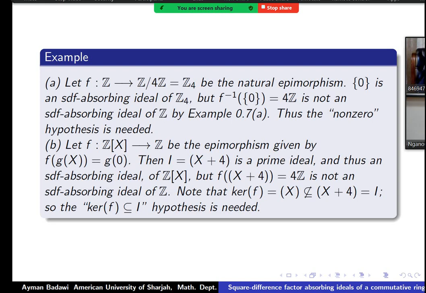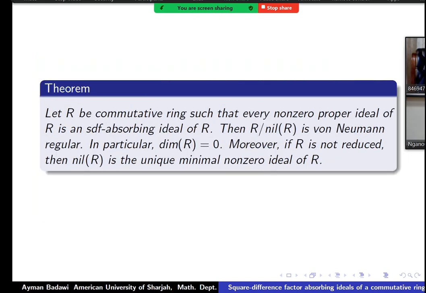And I just told you the SDF absorbing ideals in Z have to look like 2 times a prime odd integer. Okay? And here is another example where the kernel is needed in these things.